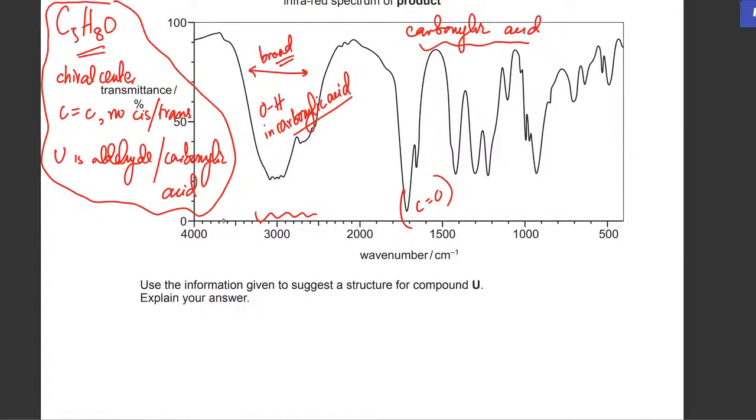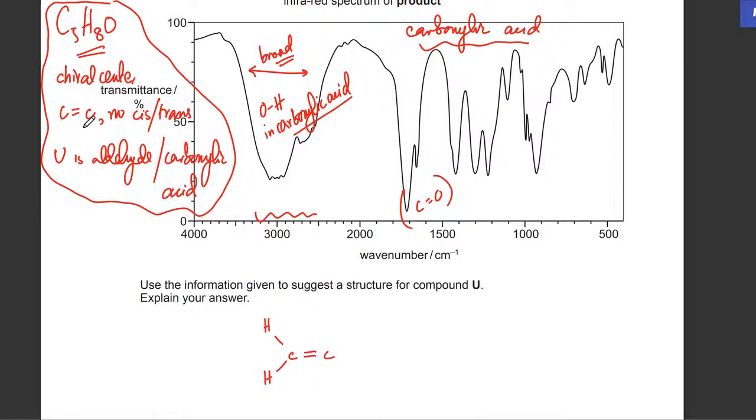Draw the structure. Now we'll have to do trial and error. You've got a double bond, right? How many carbons are left with me? I'm left with... First thing, it shouldn't be cis-trans, so let's put an H over here, is that clear?